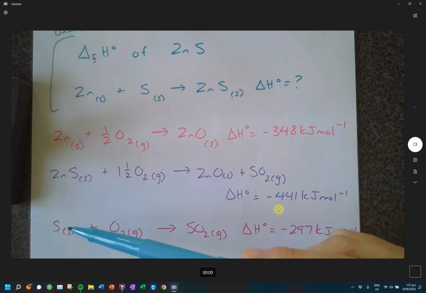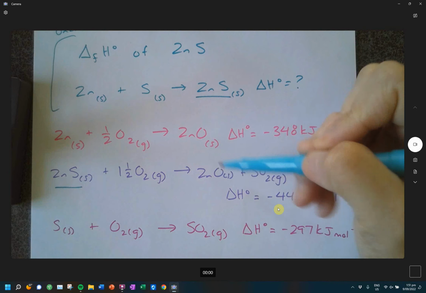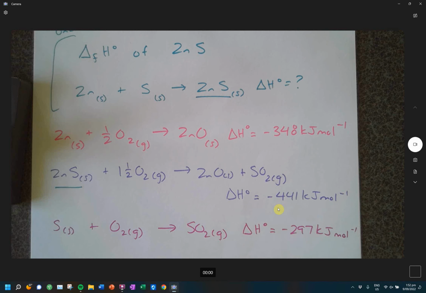I can also see that I have sulfur dioxide multiple times. So there's no right or wrong way to start, but personally, I would start with the zinc sulfide, because that to me is a unique thing. I can see in a lot of these equations that there's zinc oxide multiple times, so I don't want to start with something like that because then I have multiple manipulations to do.